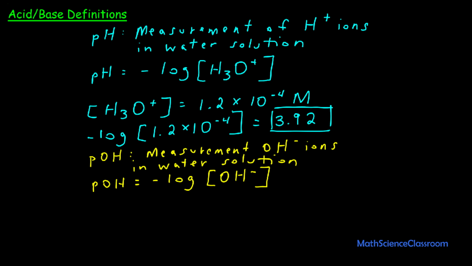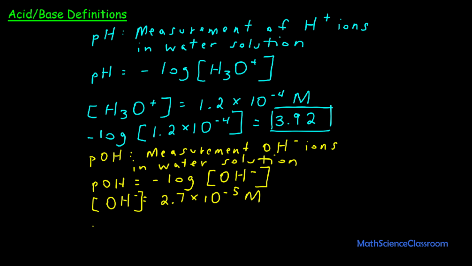So let's look at an example. Say we're given a concentration of OH minus of 2.7 times 10 to the minus fifth molar. So what is the pOH?